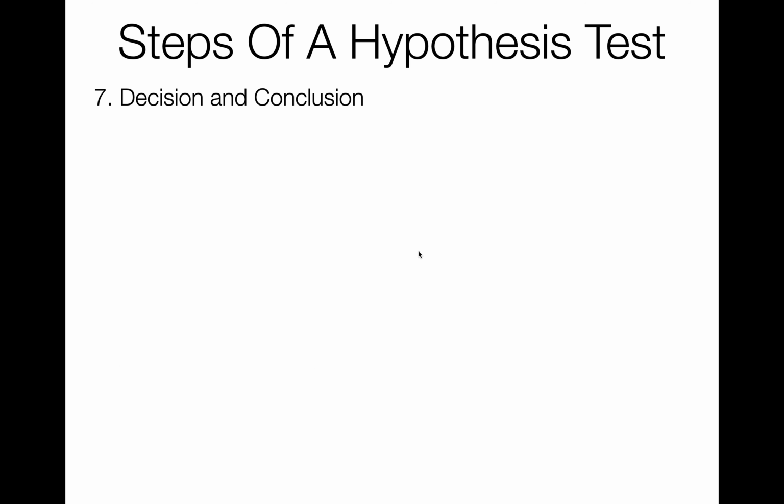Anyway, after we find the p-value, it's a probability. It's the probability that I actually saw what I saw, or something weirder, given the null hypothesis is true. We make a decision. Based on that p-value, we decide whether we favor the null hypothesis or the alternative hypothesis.